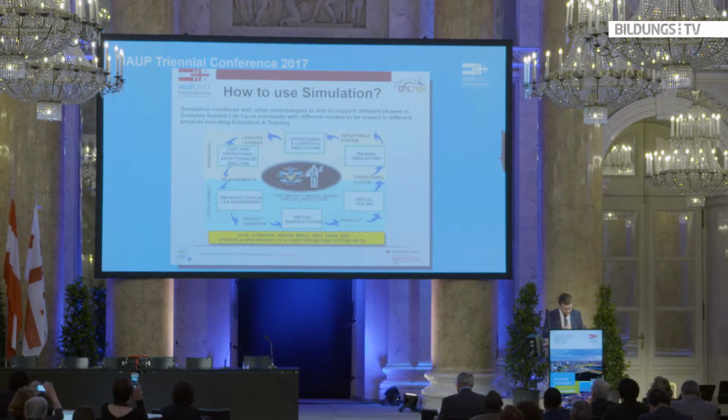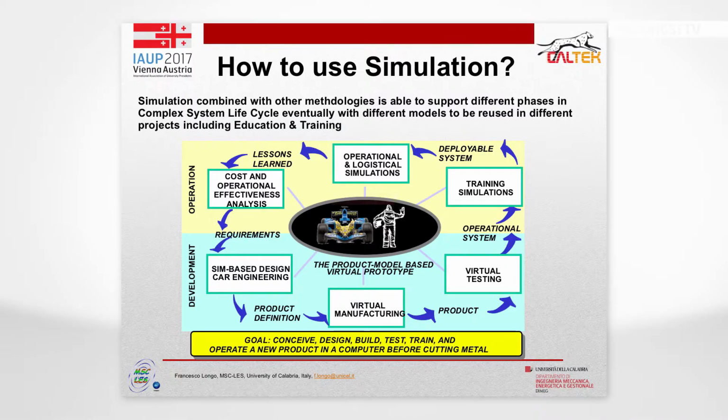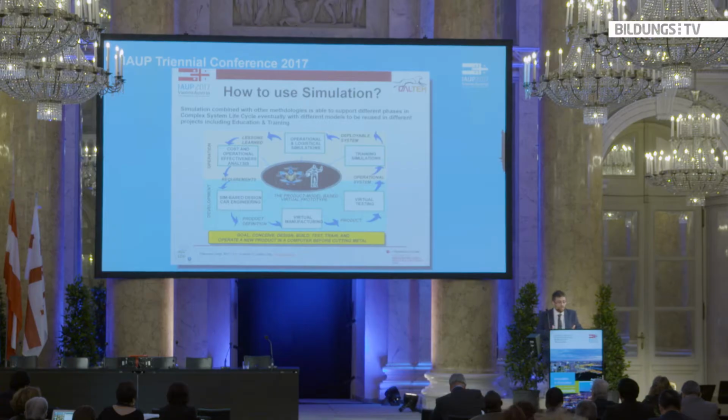But if we think a little bit more about simulation, we can easily understand that we can use simulation not only for decision-making and education and training. We can use simulation along the entire life cycle of product and process development. So we can use simulation for engineering, for virtual manufacturing, for virtual testing, for training, but even to carry out distribution and logistics and cost analysis.